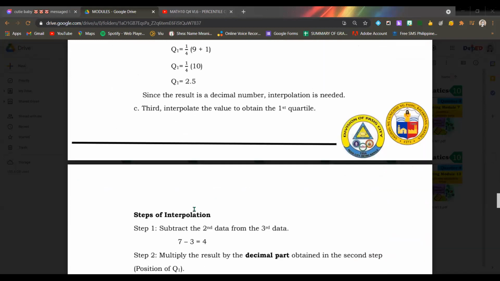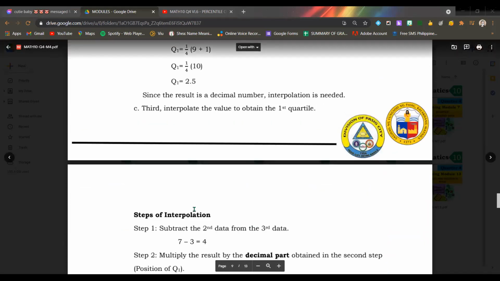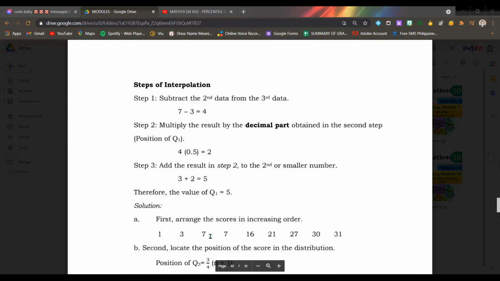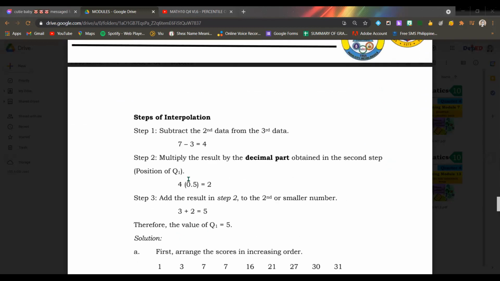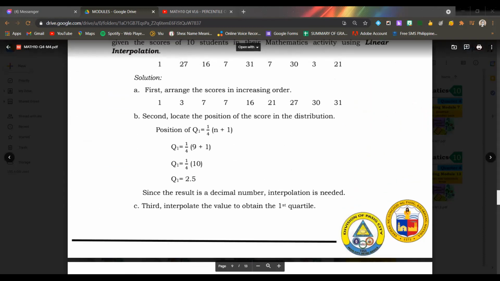After you compute that, magde-determine na kayo. Yung 0.5 na yan yung i-compute natin para makuha natin yung exact answer na kung ano yung ating quartile. Para mas maintindihan nyo, let us have example.